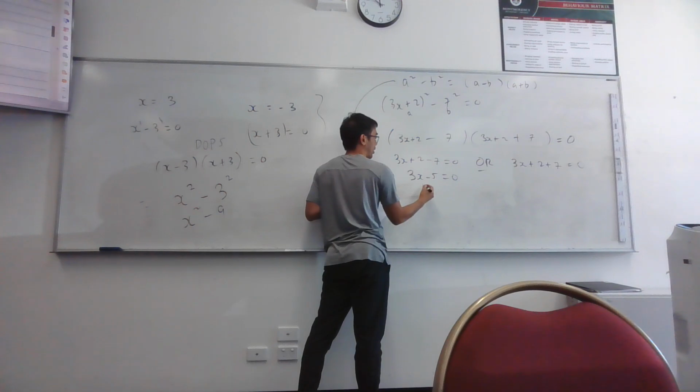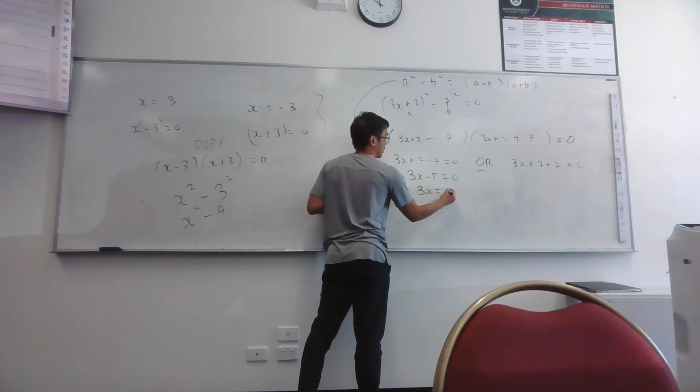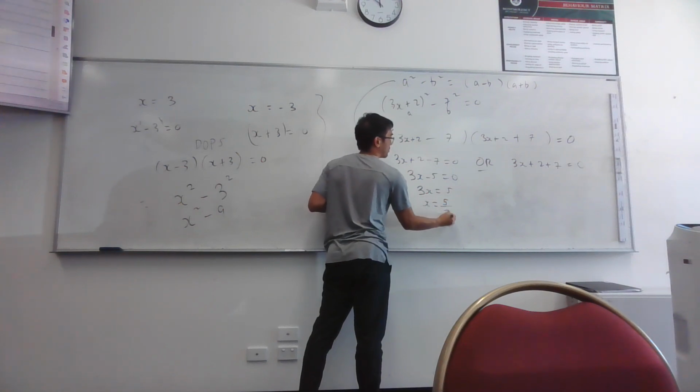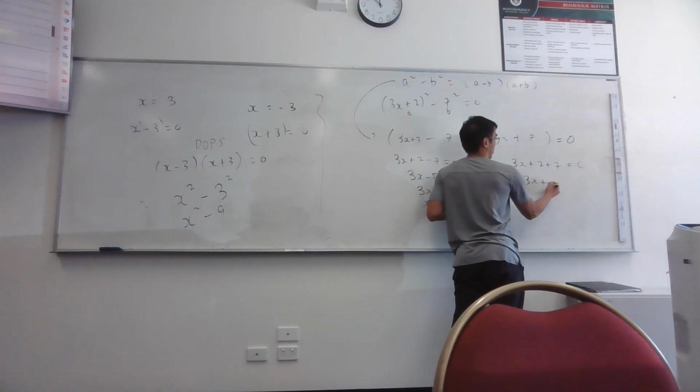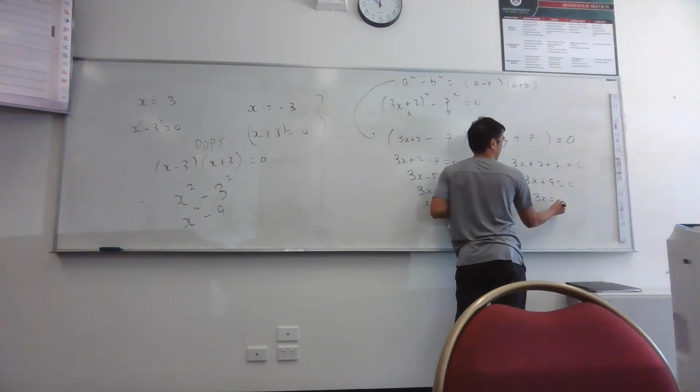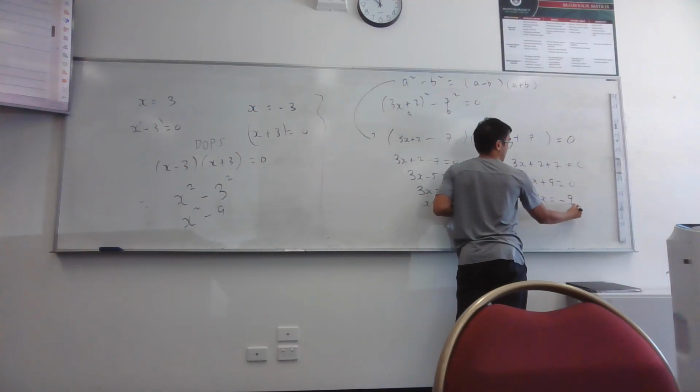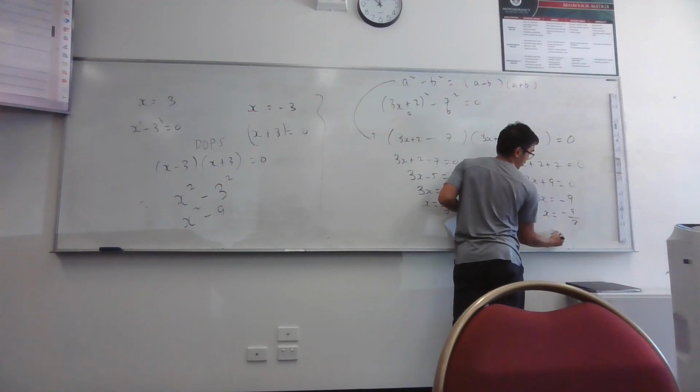What did I do with the negative 5? Divide by 3. Go over here: 3x plus 9 equals 0. What's 9 on the other side? So negative 9, and it becomes negative 3 when we do the reverse.